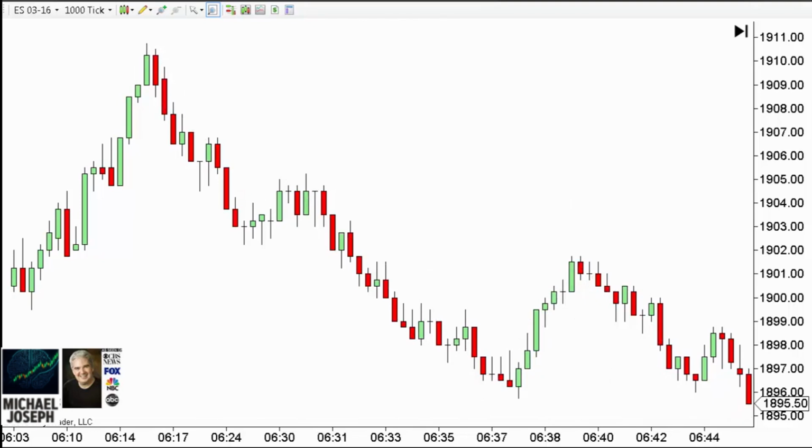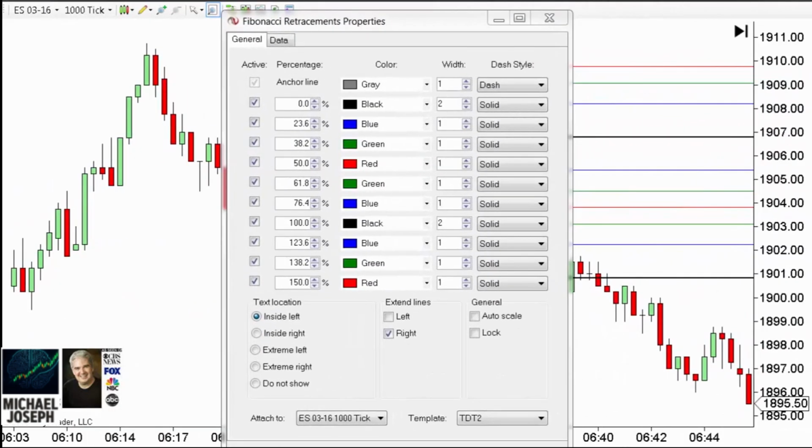All right, first of all, let's look at what these Fibonacci numbers are. Let's bring those up so that you can have them on your chart. Here are the numbers that I use. Remember, this is a percentage of how much the market retraces back toward the initial impulse move where it started.